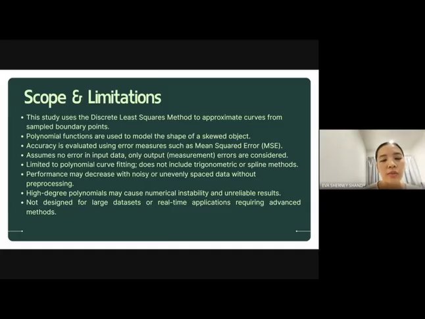It is limited to polynomial curve fitting and does not include trigonometric or spline methods. The performance may decrease with noisy or unevenly spaced data without pre-processing. High-degree polynomials may cause numerical instability and are not designed for large datasets or real-time applications requiring advanced methods.